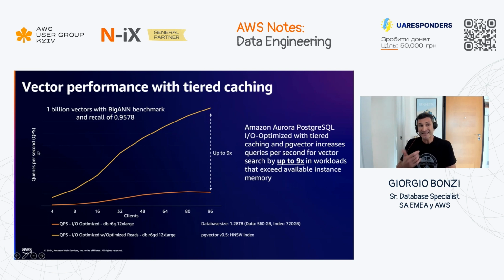In this case, we are executing a similarity search query that does not fit into memory, so it needs to spill to disk. And with the optimized read feature enabled, it can leverage direct attached local storage. So the takeaway here is that this feature can improve similarity search query performance a lot.